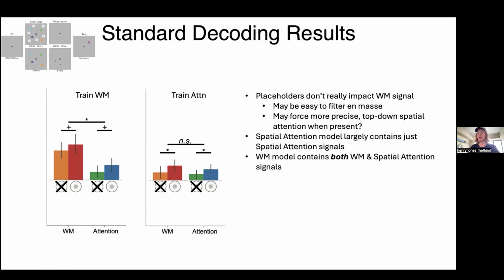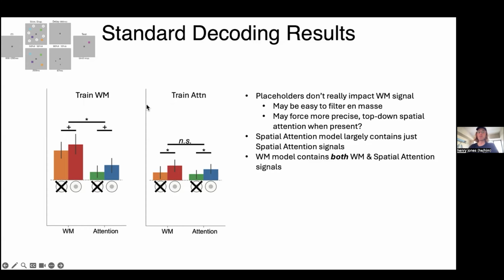They're all the same color. It might have produced a texture that is easy to ignore. But for the spatial attention task, it's possible that the presence of placeholders forces the use of top-down spatial attention, versus without placeholders, you can just pay attention to everywhere that an object was. So that could explain that modulation there.